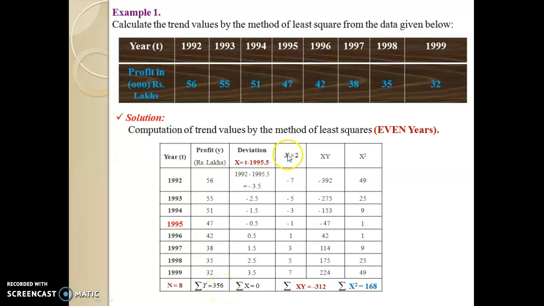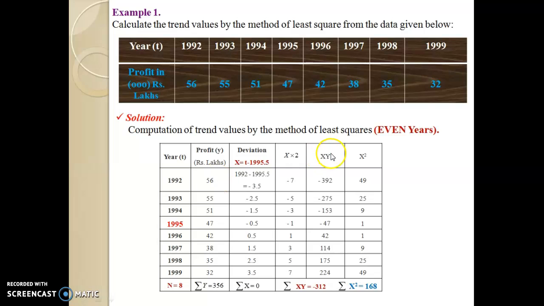Okay. Now the next column, that is x minus 2. X minus 2 means this deviation, multiplied by minus 7, minus 5, minus 3 and so on up to plus 7. X multiplied by y, that is, this x multiplied by y, that is 56.